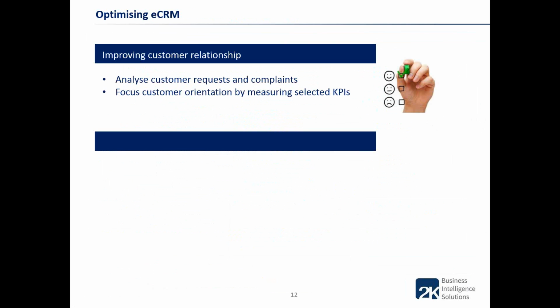The customer orientation focus can obviously be set by selecting the correct KPIs. That's what we're going to be talking about a little bit in 2 weeks' time. Clearly, you shouldn't have hundreds and hundreds of KPIs because nobody can actually keep an eye on them. So you have to have a selection of KPIs. And by selecting a certain number of KPIs, you naturally put a focus on those areas. So to your workforce, you will communicate what are the important aspects.